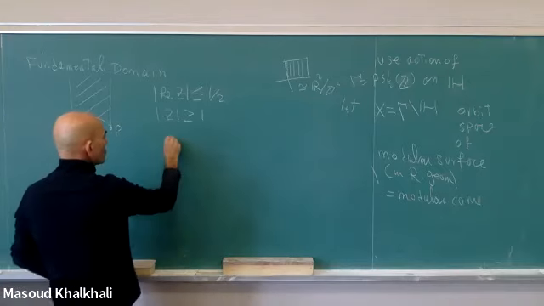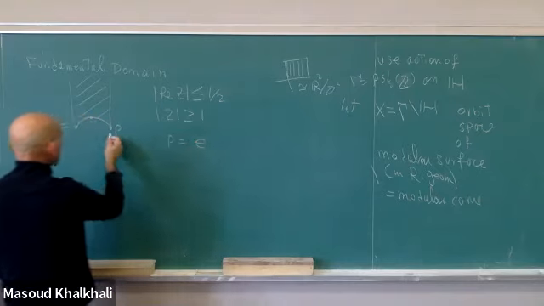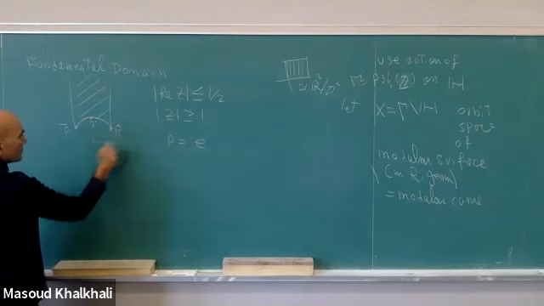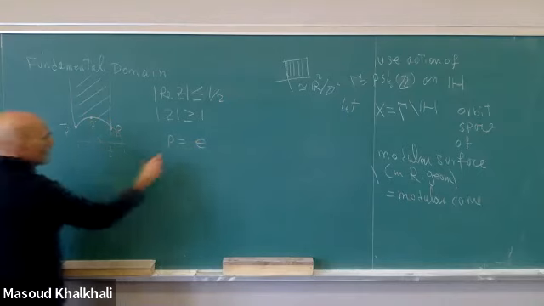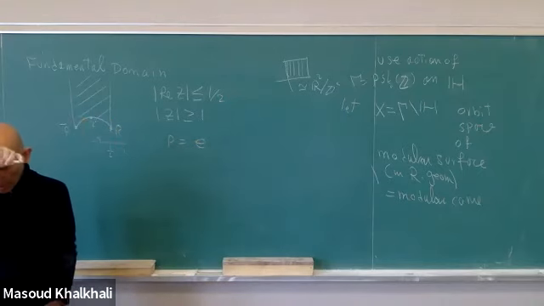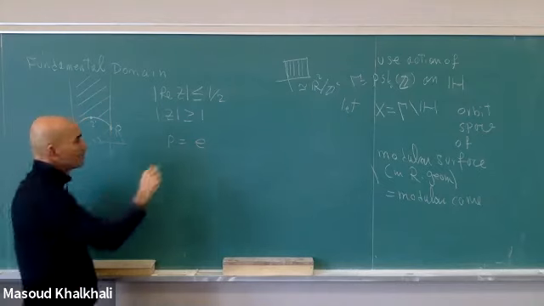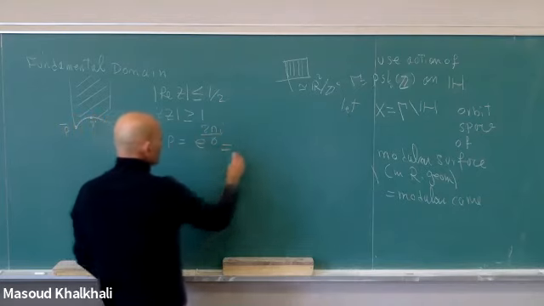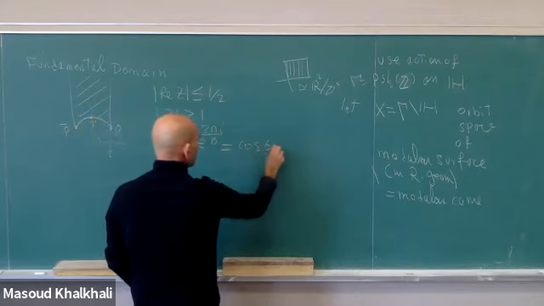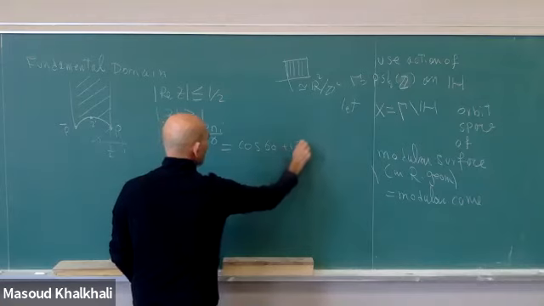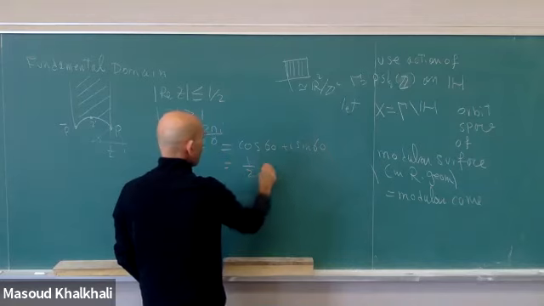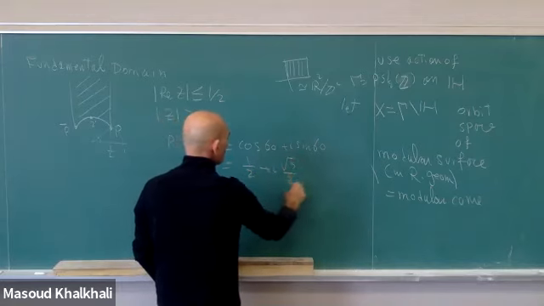So what is rho? If this is one half, this angle has to be 60 degrees, so rho is e^(2 pi i over 6), which is cosine of 60 plus i sine of 60, equal to 1/2 plus i root 3 over 2.